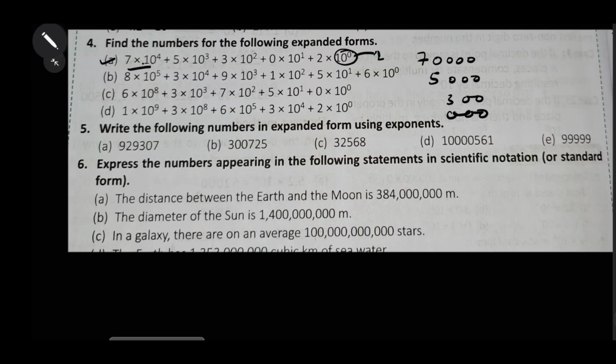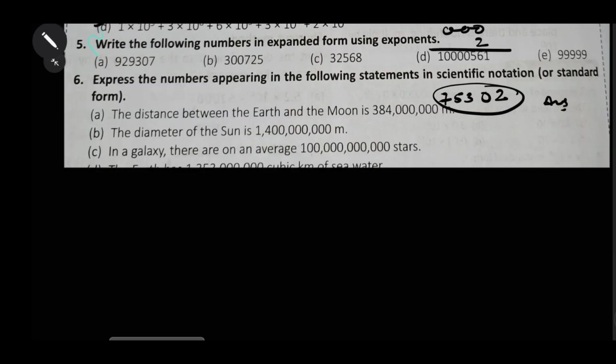So 2 into 1 is 2. When we add all these numbers, we have 2, 0, 3, 5, and the last one is 7. So our number is 75302, and this is our answer.